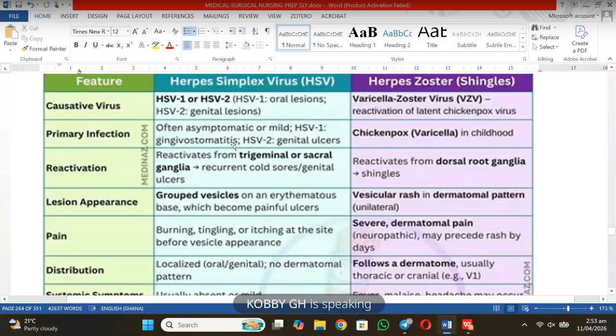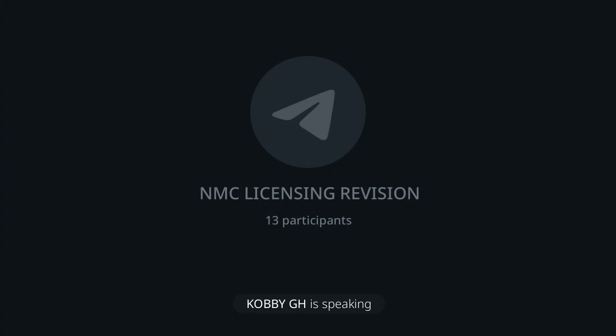Again, herpes simplex usually reactivates from the trigeminal or the sacral ganglia. But herpes zoster usually reactivates from the dorsal root ganglia. Those of you who have been solving past questions might have come across this before, the dorsal root ganglia.